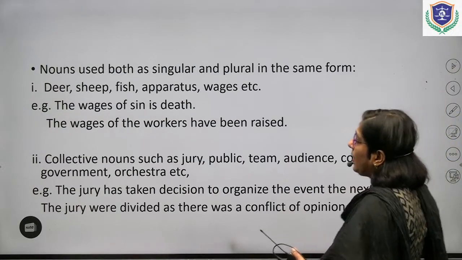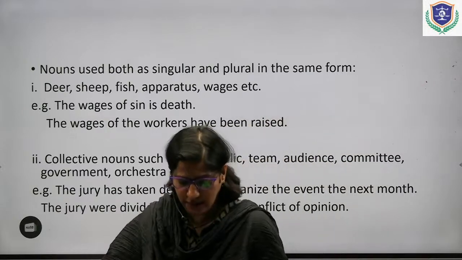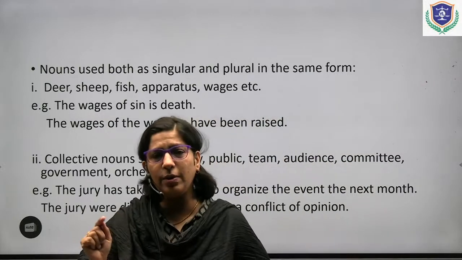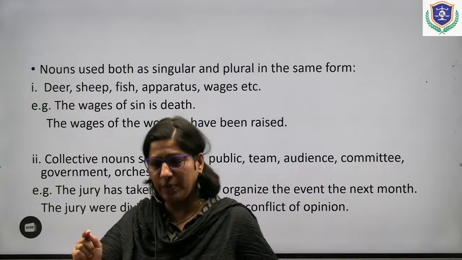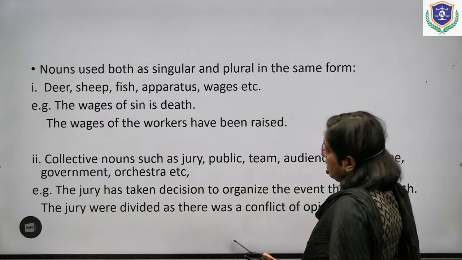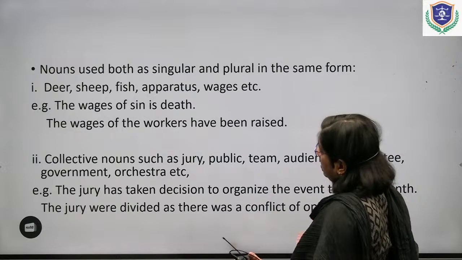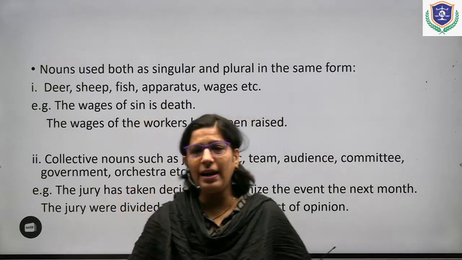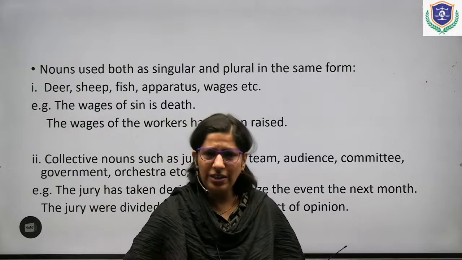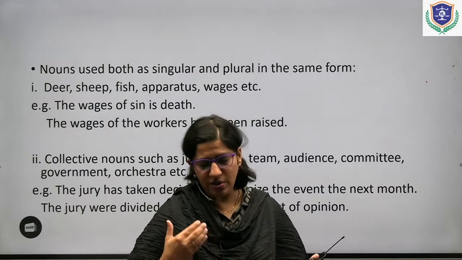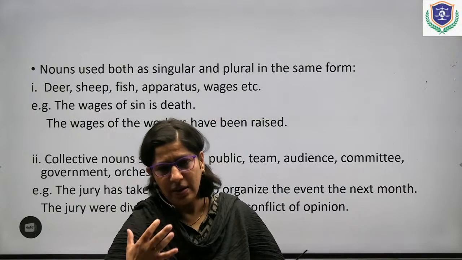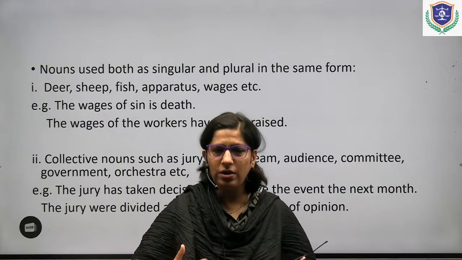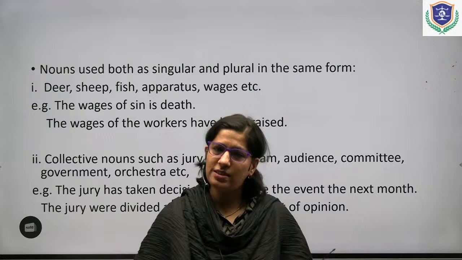Now there is a set of words here which will never be pluralized, so you have to pay attention to this, like deer, sheep, fish, apparatus. There is a variety of fish, though of course nowadays we use fishes when we have different fish, but otherwise it is fish only.